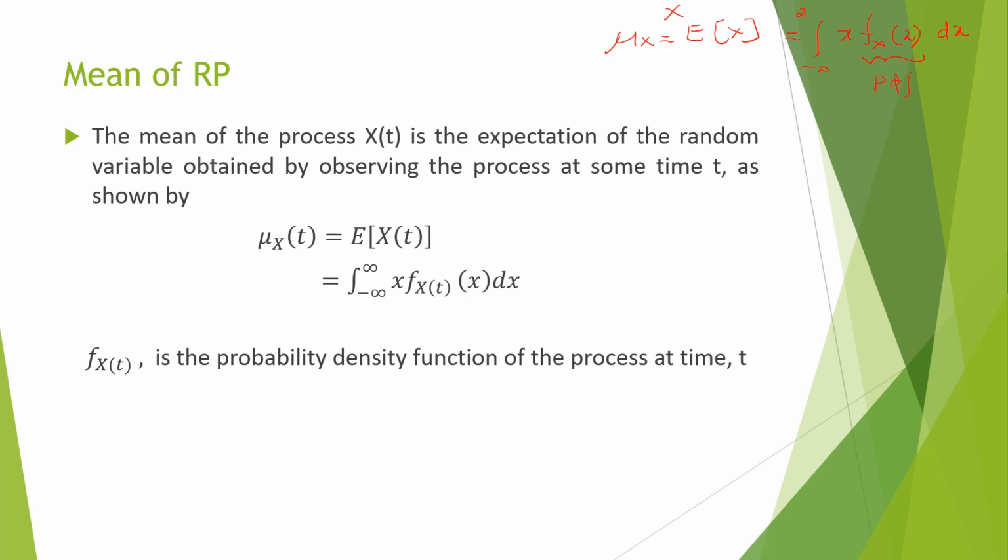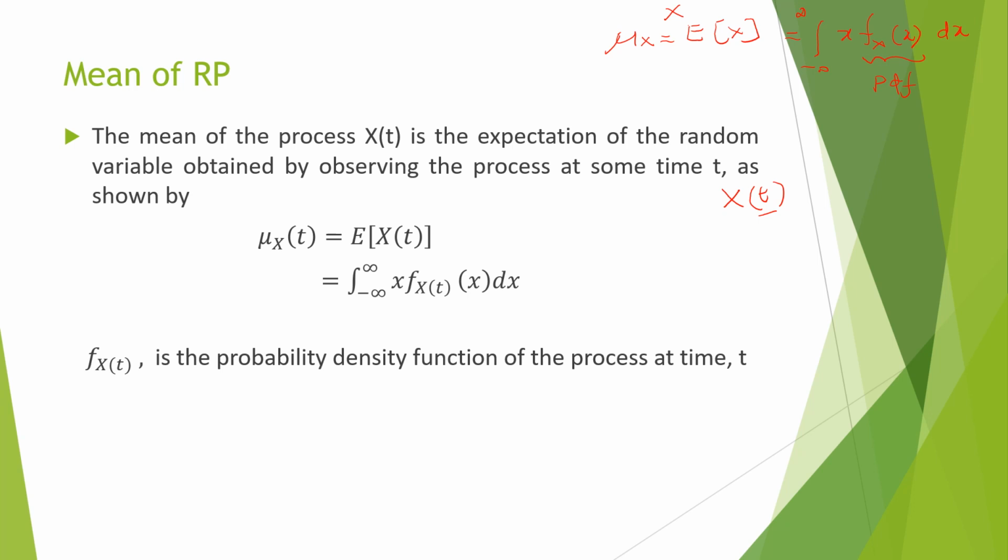The same formula can be given for the random process also, but here the random process is denoted as X(t). And what is a random process? In a random process, the sample space is mapped to time functions. Therefore, at time t, the random process gives us a random variable at time t.